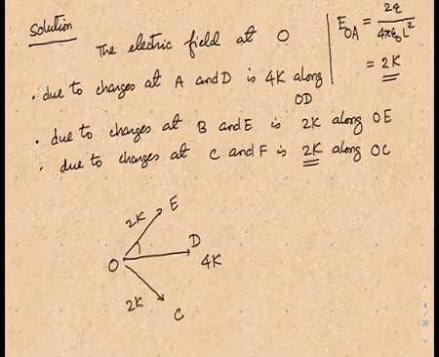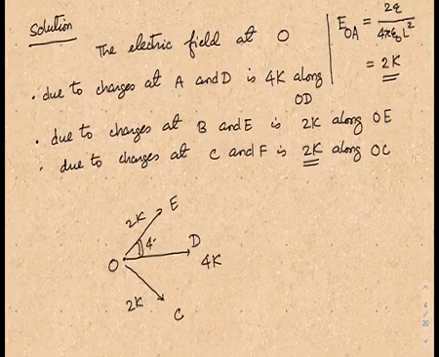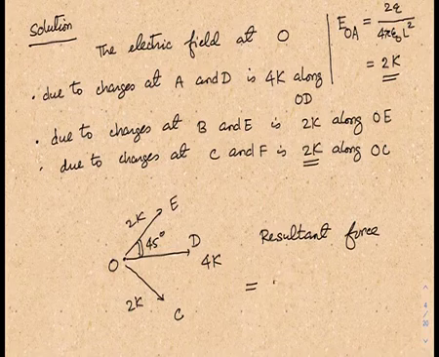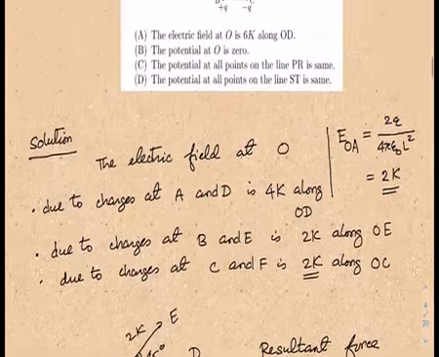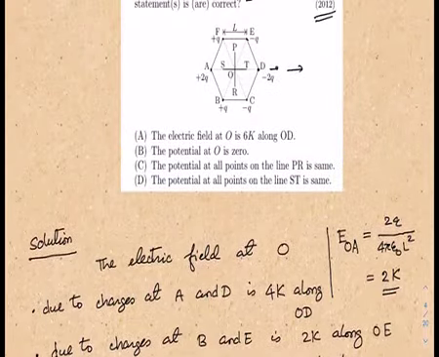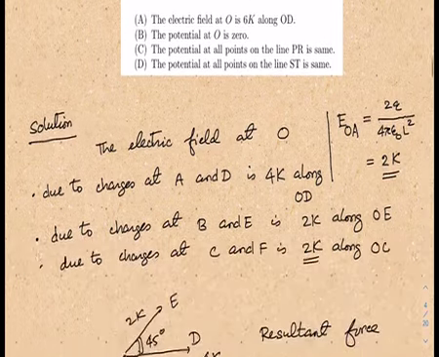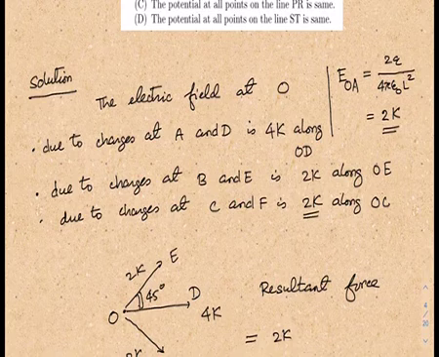and you see that this angle is basically 45 degree. So the resultant force at O would be simply 2k. Oh, I'm sorry, it's a hexagon, so these are equal, so this is obviously 60 degree. Okay, so I'm sorry, this has to be 60 degree.